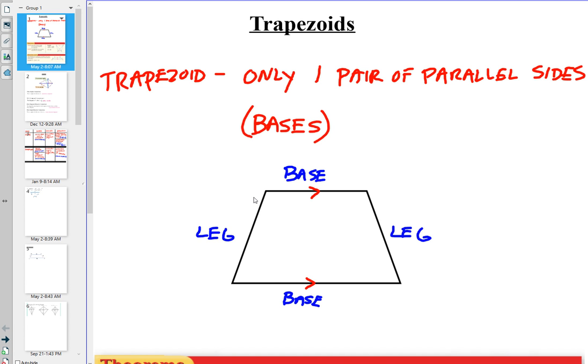More obvious than you might think. What are the 4 types of parallelograms? He said rhombus, square, rectangle.